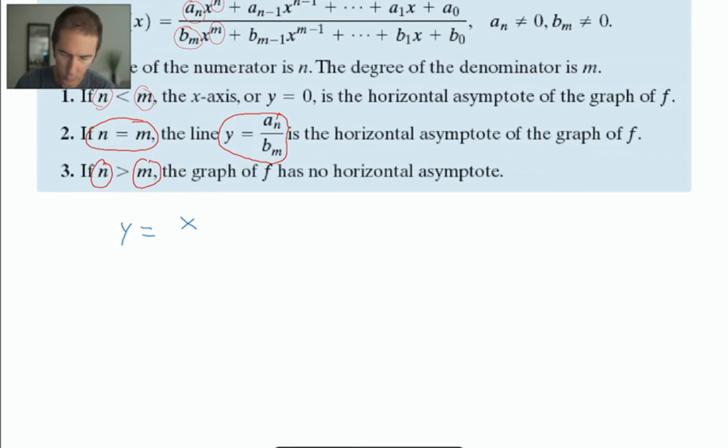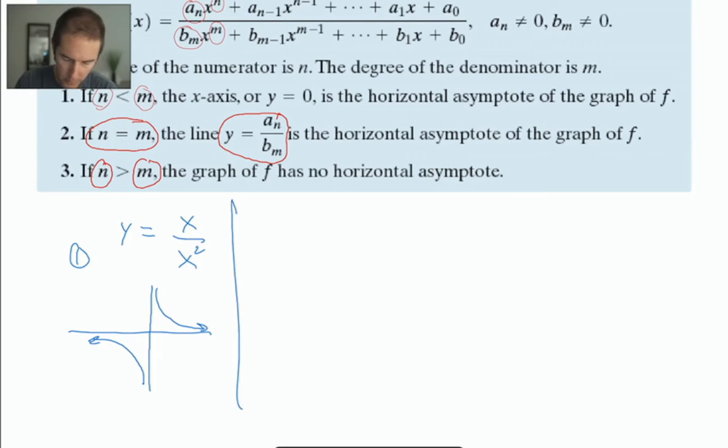Let's do y equals x over x squared, which is a little silly because this is really 1 over x. But the degree of the numerator is less than the degree of the denominator, and I know what the graph of this looks like. We saw it printed for us earlier. It's this one. And this one definitely has the x-axis as the horizontal asymptote. All right? So that's where the degree of the numerator is less than the degree of the denominator.